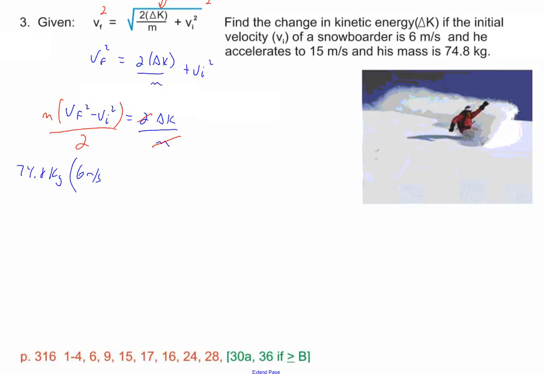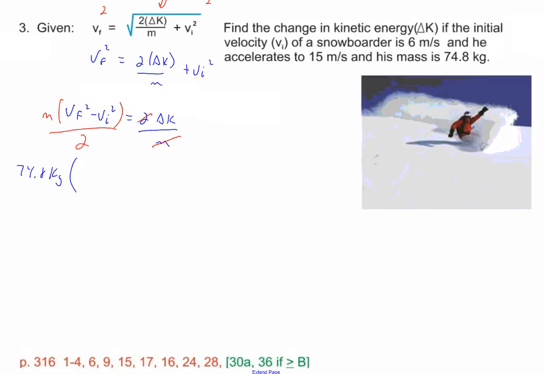Accelerates to, nope, that was initial. Final velocity 15 meters per second, it's what he accelerates to, minus the initial velocity, and that's going to be squared. Minus the initial velocity, 6 meters per second, that's squared. And all of this is divided by 2.